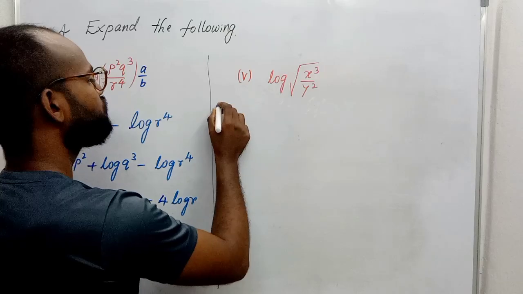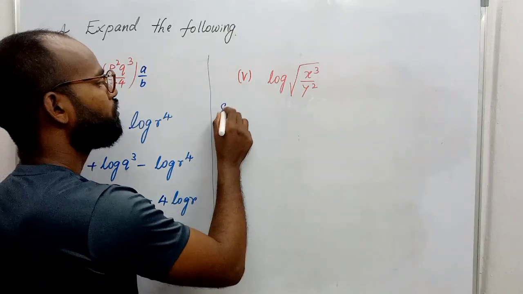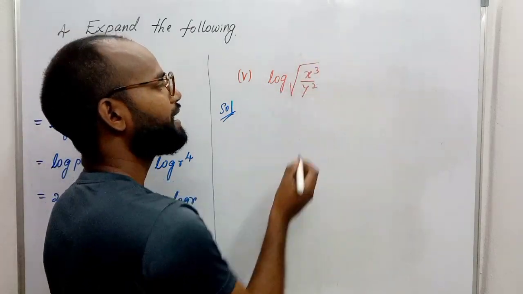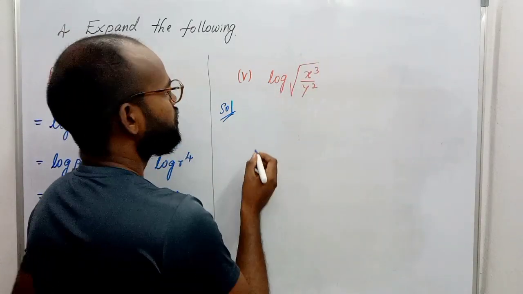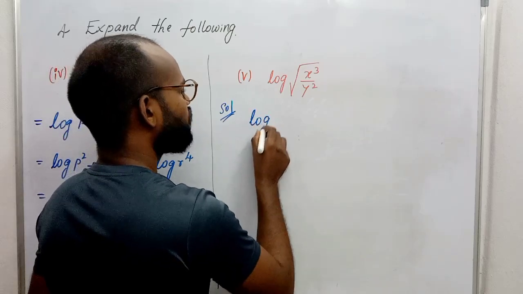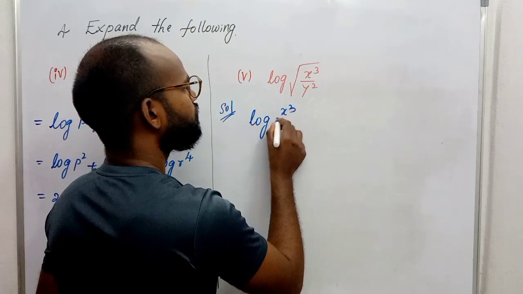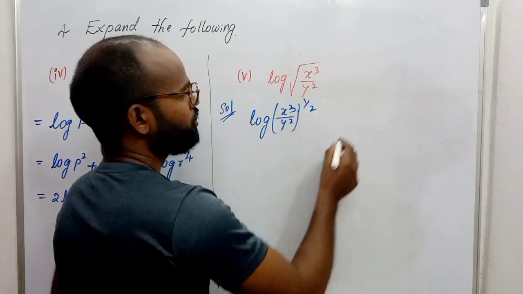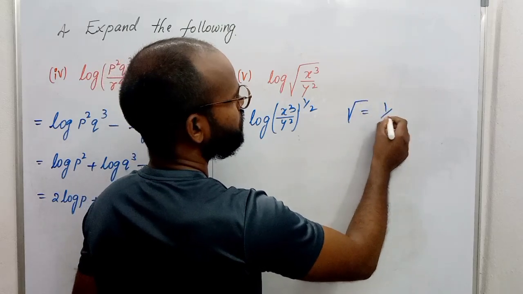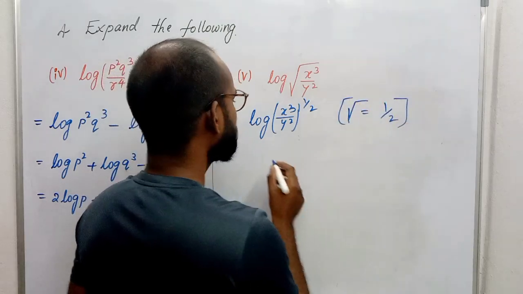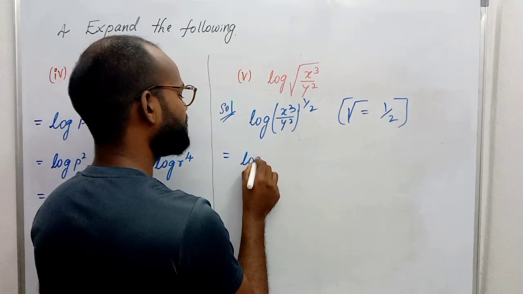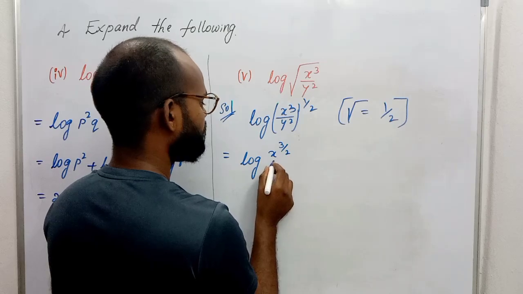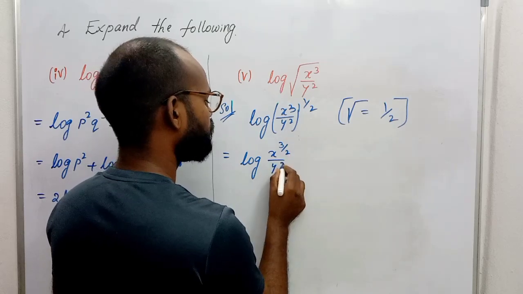We are moving with the next one, that is the fifth question. What is the fifth question actually? Log under root x cube by y square. We can write the square root as log of x cube by y square whole power 1 by 2. The square root is nothing but 1 by 2, right? Next step, multiply the power inside. So log x power 3 by 2 by y power 2 by 2.